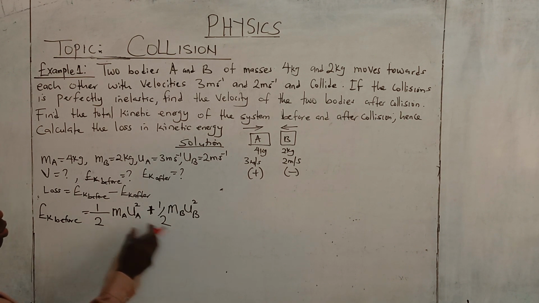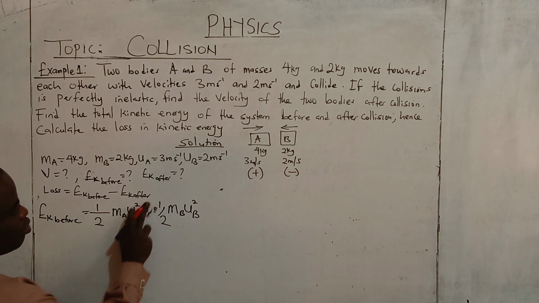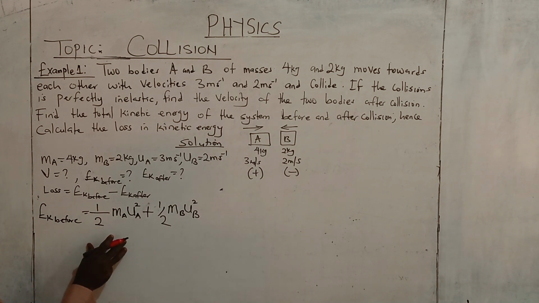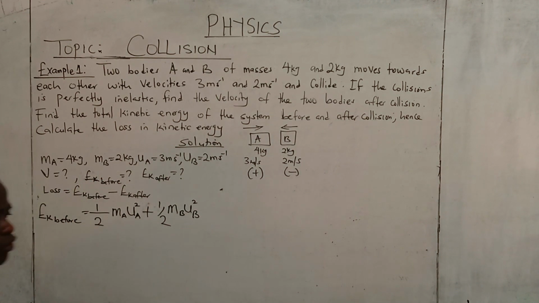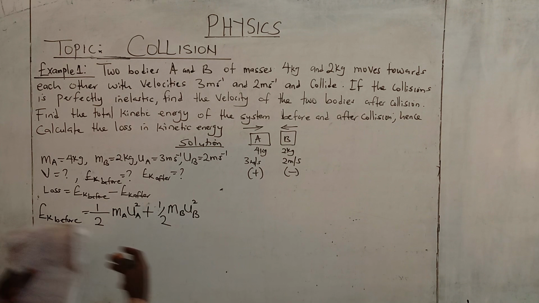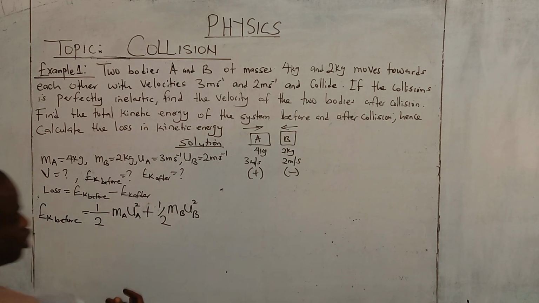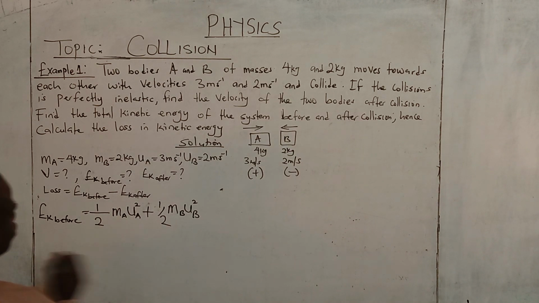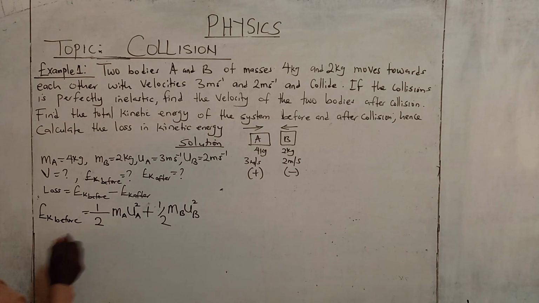You don't say because they are coming towards each other you should introduce negative. No, it's positive because it's the motion. You don't introduce negative under kinetic energy, but under law of conservation of momentum, you introduce negative if they are moving in opposite directions. If you are moving together, that's positive.